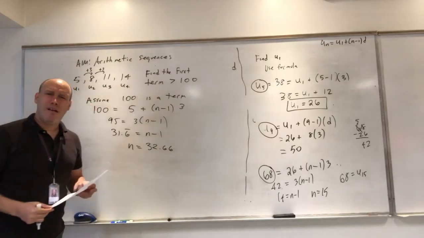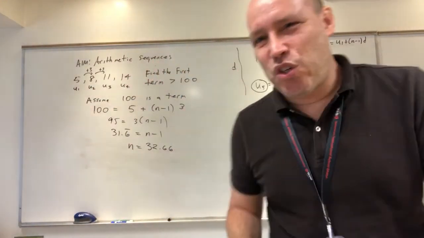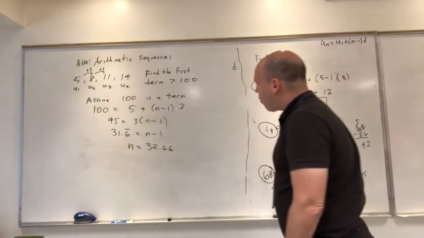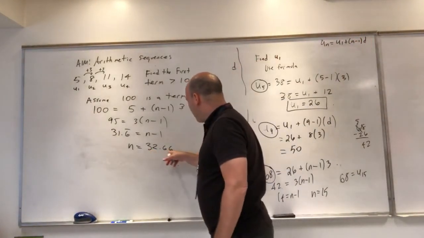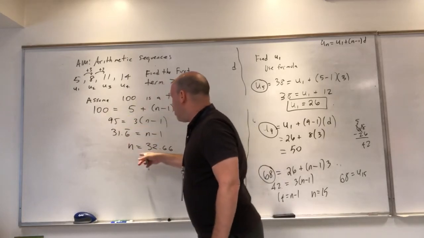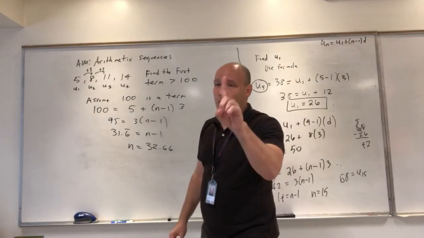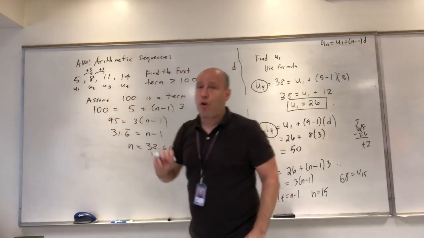And so n is equal to 32.66. Well, that doesn't make any sense because I can't have like the 2/3 place, right? What does this mean? I want you to think about this. What could this possibly mean? How could 100 be the 32.66 term? Well, first of all, 100 is not a term.